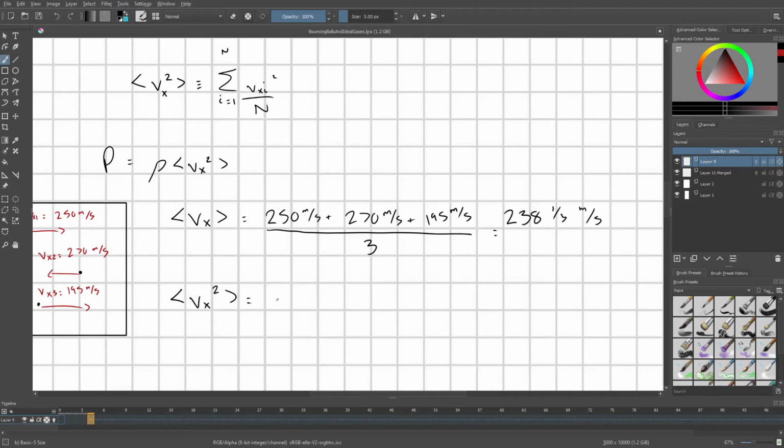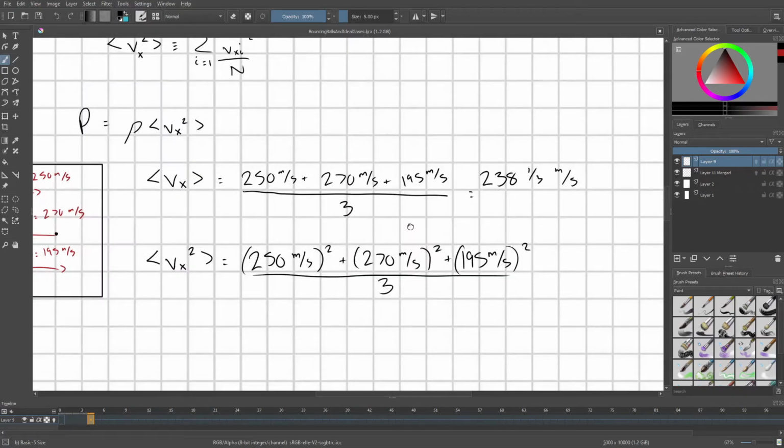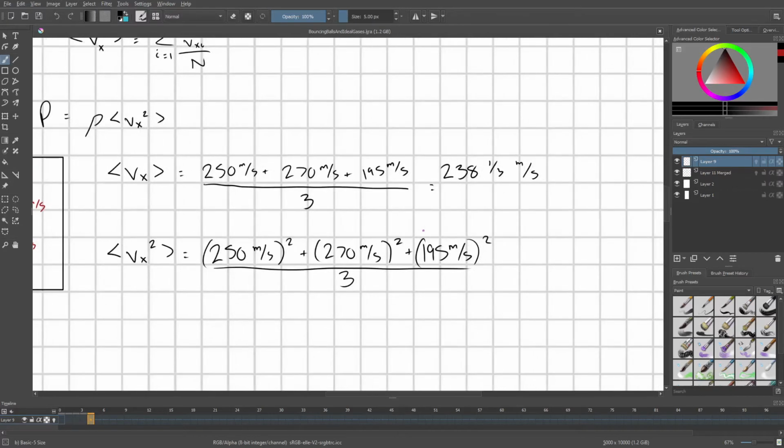So this is pretty easy. You just think I would take my 250 meters per second squared plus my 270 meters per second squared plus my 195 meters per second squared, and then still divide by my number of data points. It's just we happen to be squaring each of our data points and adding them together.